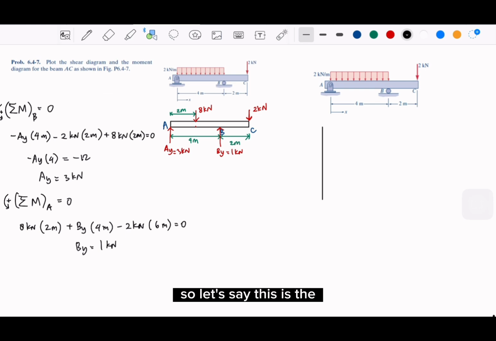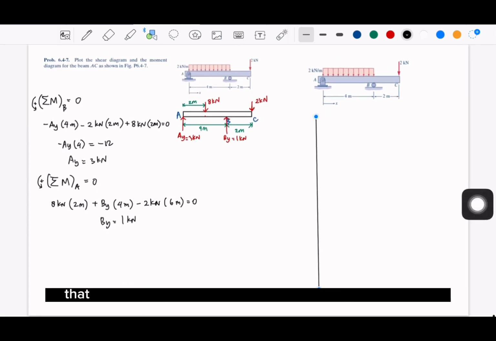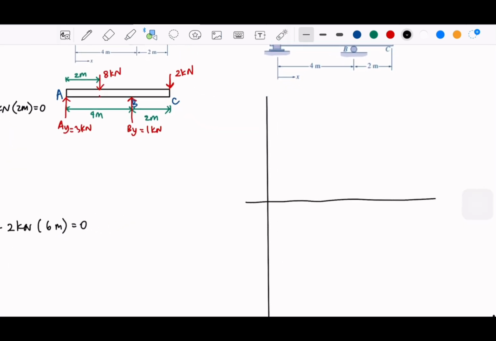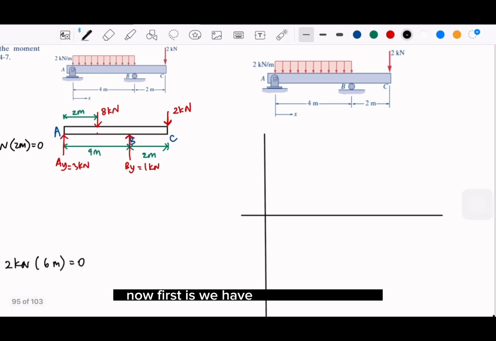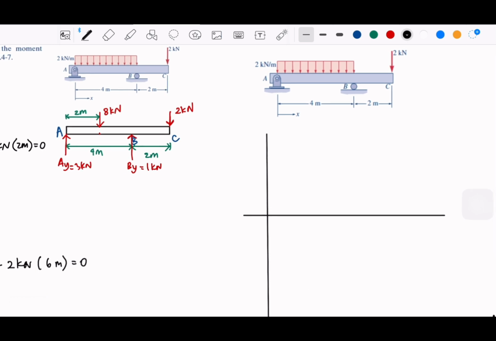So let me write a long line that could describe both the shear diagram and the moment. Okay. Now first we have AY, which is 3. But we do have a distributed load on this system, right? So I think it's best to see these distributions.